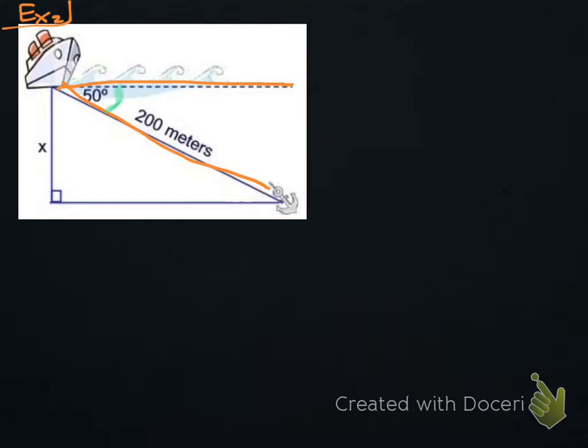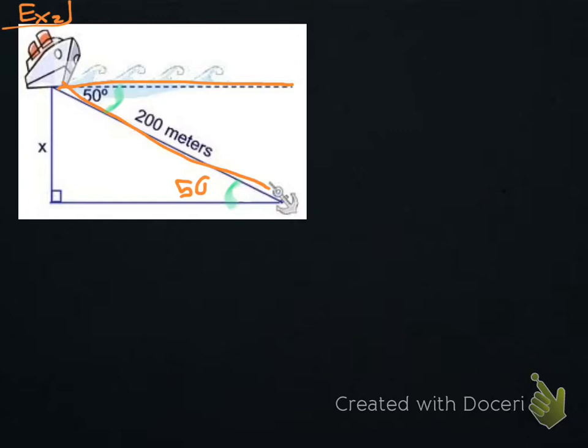Now if I'm trying to solve for x, I need to know information about the actual triangle, right? So there's a couple ways of looking at it. You can either say, oh well, these two angles here that I've highlighted in green are alternate interior angles, meaning they both must be 50 degrees, which is valid.